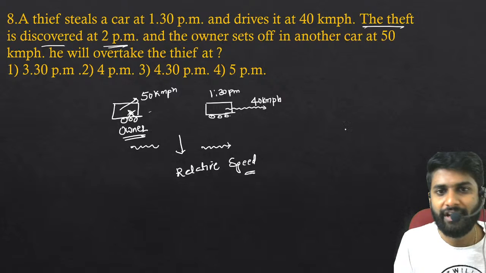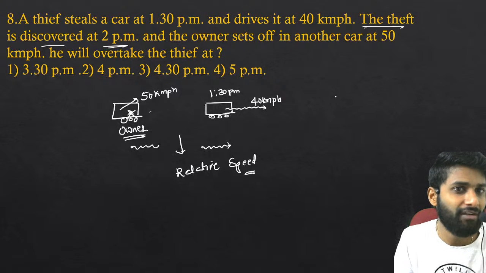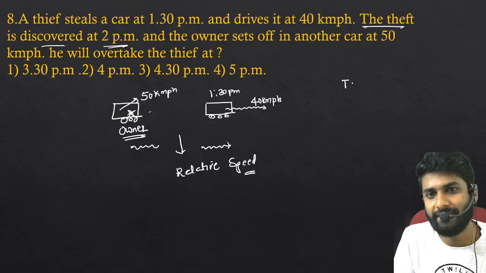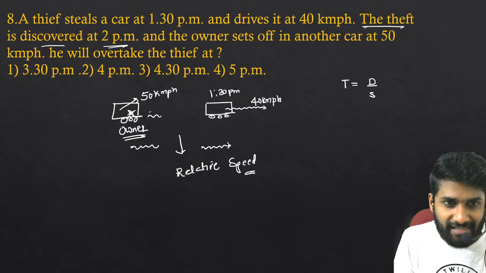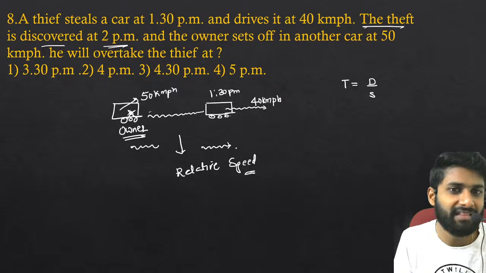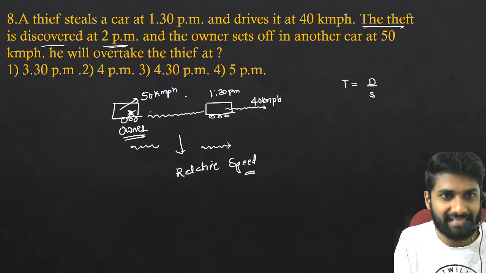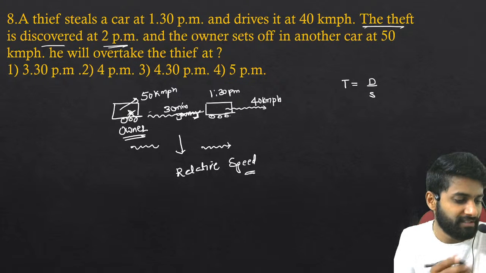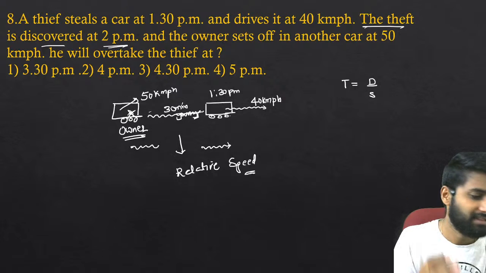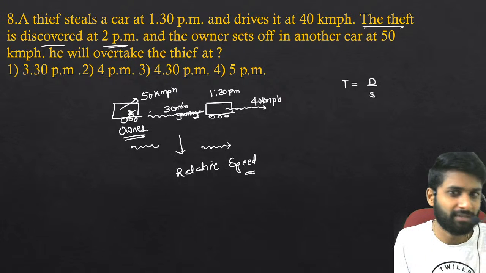Now here in the question, we need to find the time. At what time will he overtake the thief? Time is equal to distance by speed. Now see, the distance between these cars is exactly the 30 minutes of journey of the thief.